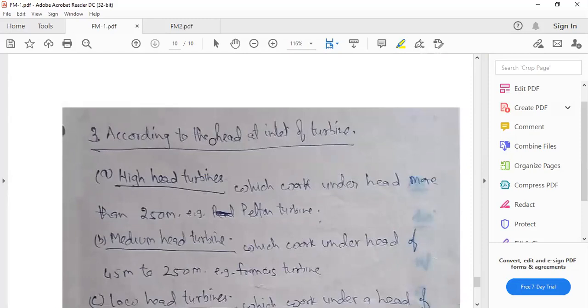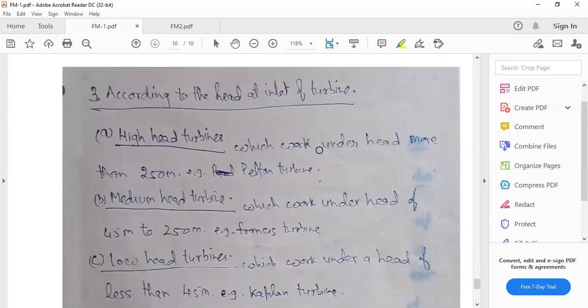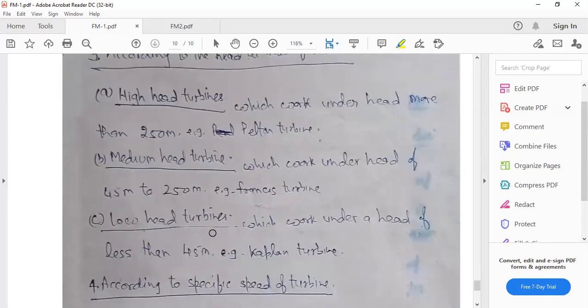Then according to the head at inlet of turbine, we have three types of turbine: low head turbines, medium head turbines, and high head turbines. If head available at the inlet is up to 45 meter, then they are known as low head turbine. If head available is from 45 to 250 meter, it is called medium head turbine.